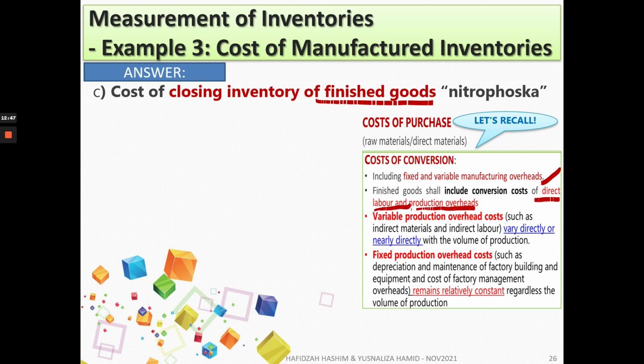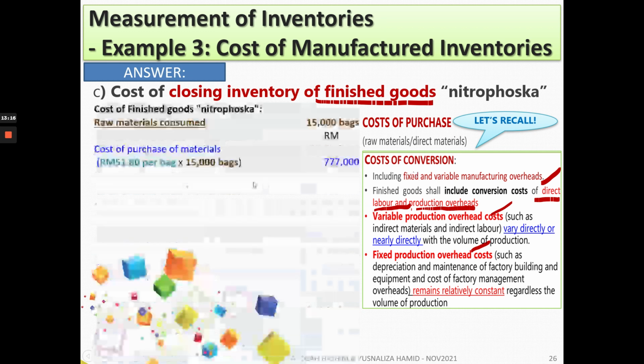Regarding variable production overhead, such as indirect material and indirect labor, it will normally vary directly or nearly directly with the volume of production. It will also have to include the fixed production overhead, such as the costs of depreciation and maintenance, and also the cost of factory management overhead. These are normally constant regardless of the volume of production.